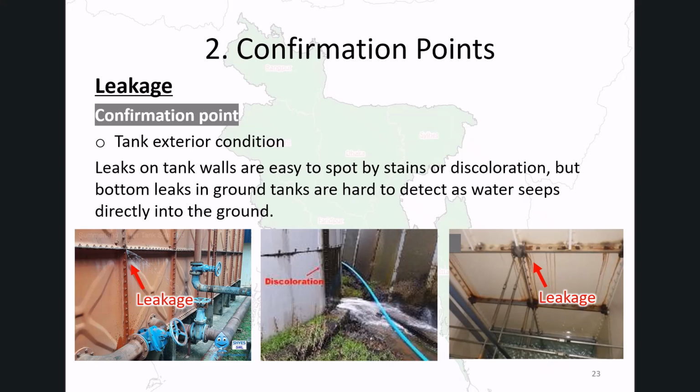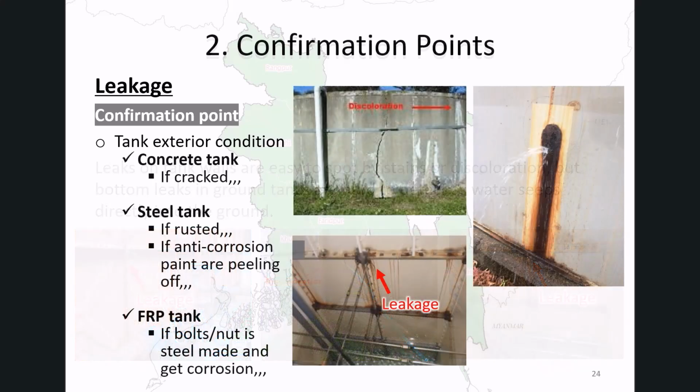However, leakage at the bottom of a tank, especially for ground-level tanks, is difficult to detect because it cannot be seen from the outside. As shown in those pictures, if cracks in concrete, corrosion of steel tanks, peeling of paint, or corrosion of bolts and nuts connecting panels are observed, there is a high risk of leakage.